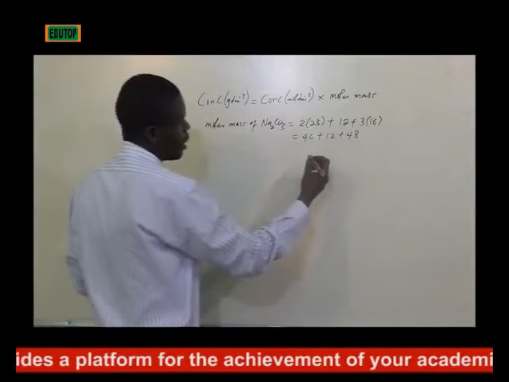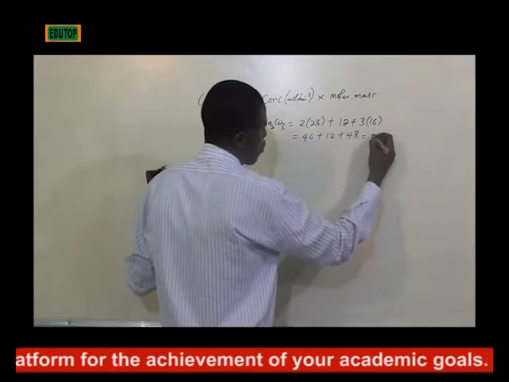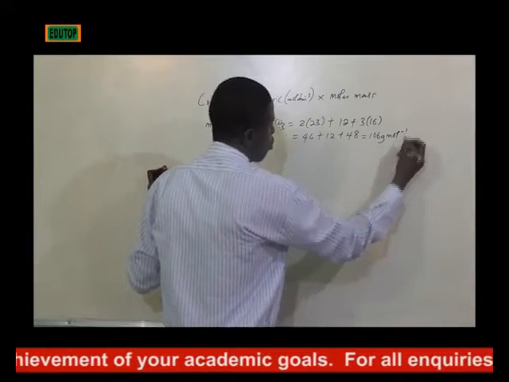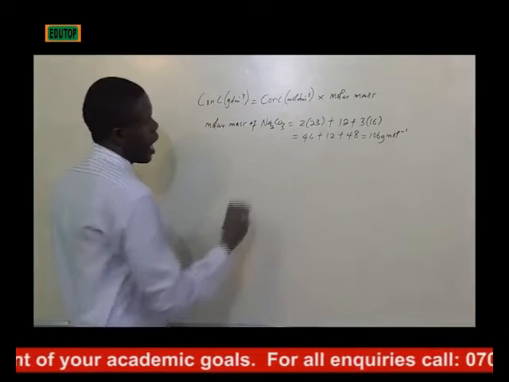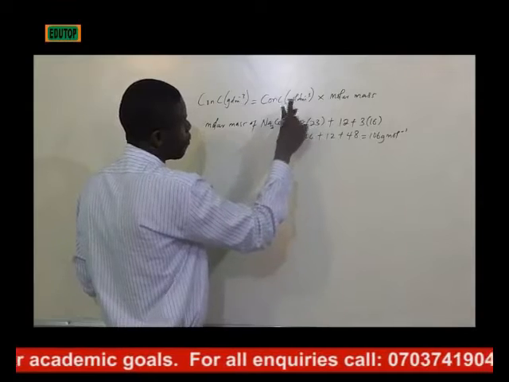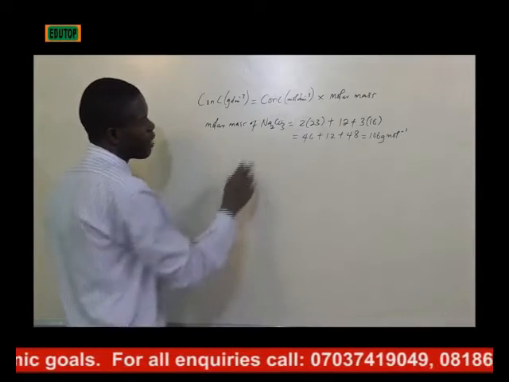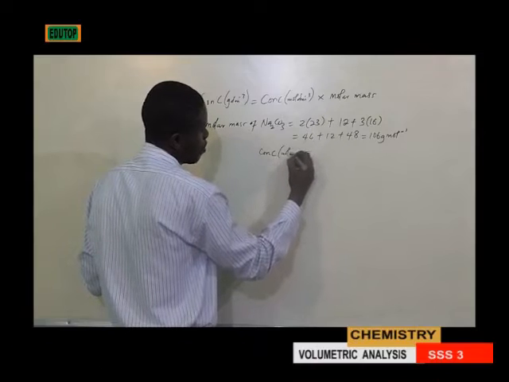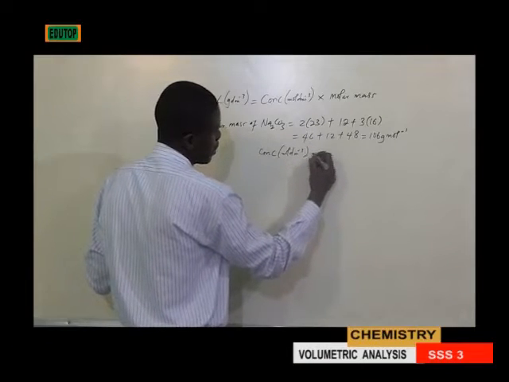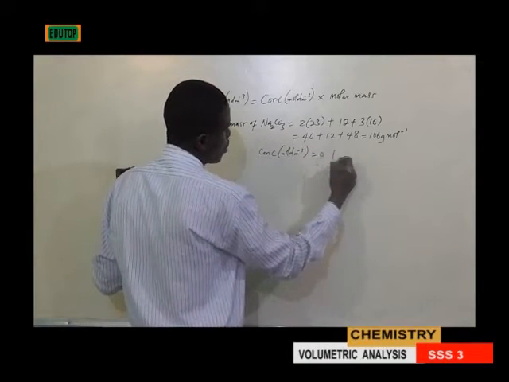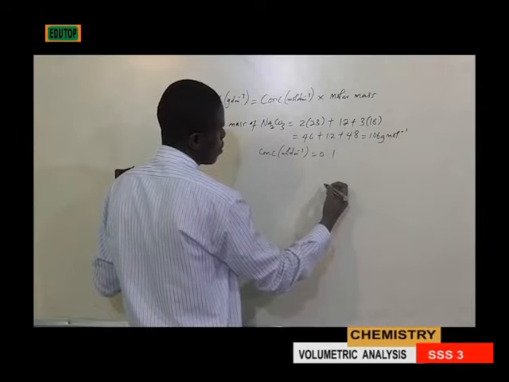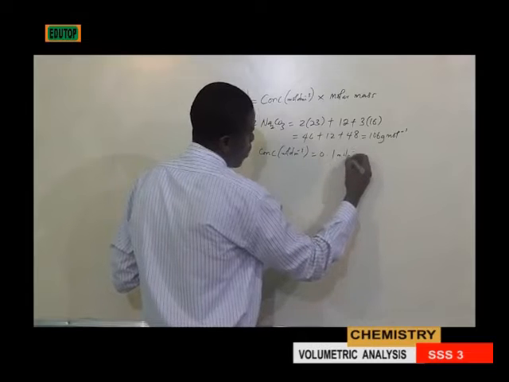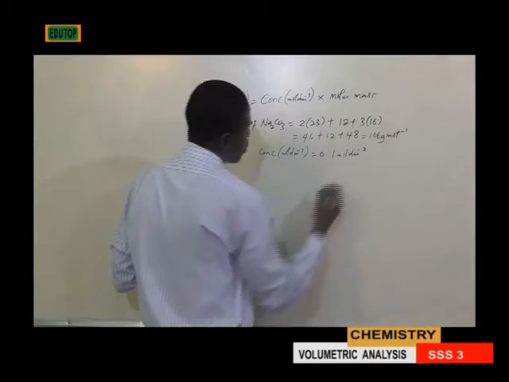And at the end of the day, we are going to have 106 gram per mole. And the concentration of the base has been given in the question to be 0.1 mole per dm cube.